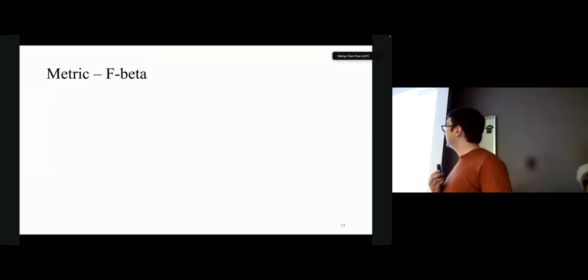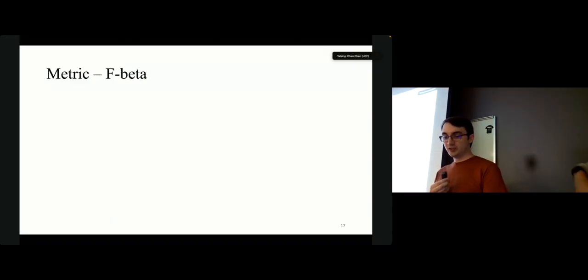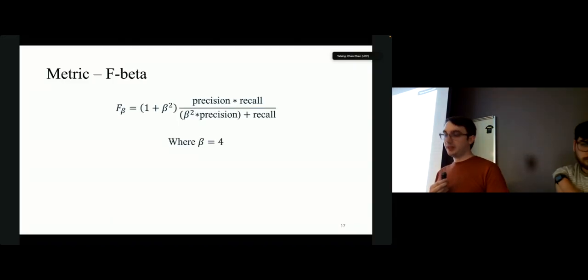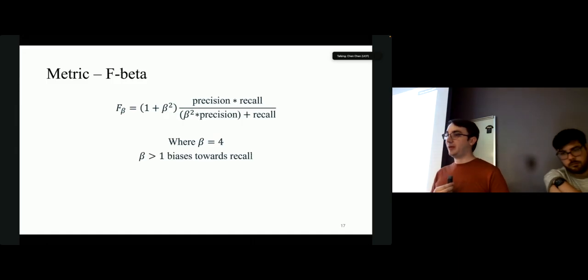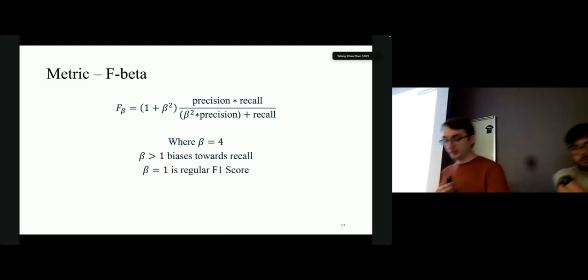The metric that the Kaggle competition uses, and that we'll report, is F beta, which is essentially F1 but with a beta squared term. Beta is 4, and when beta is greater than 1, it biases the score towards recall. If beta was 1, this would just be the F1 score.